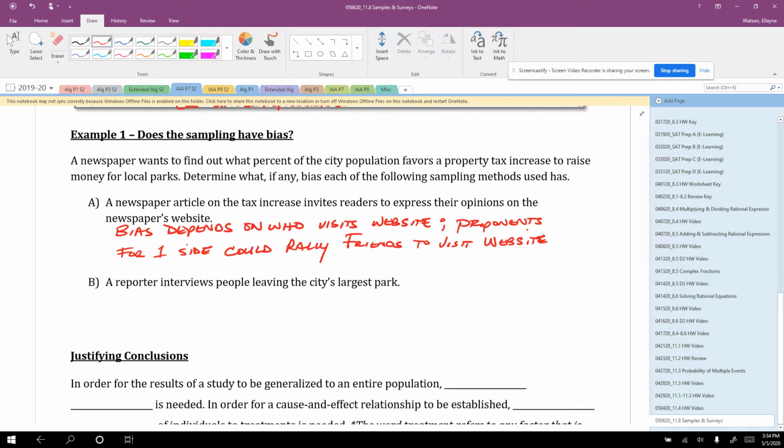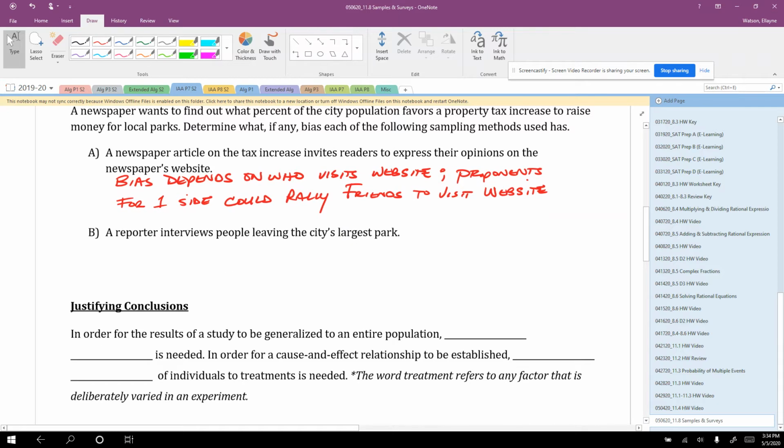Second sampling method. Same topic here, about the property tax increase to raise money for local parks. B says a reporter interviews people leaving the city's largest park. So the reporter is interviewing these people leaving the city's largest park, asking for their opinion: what percent favors the property tax increase to raise money for local parks?